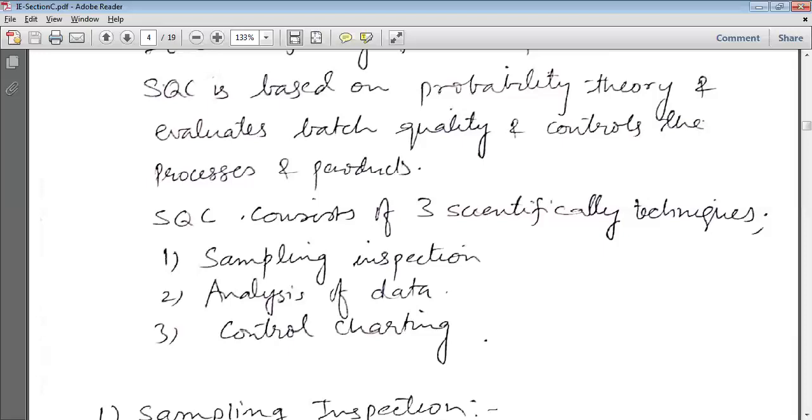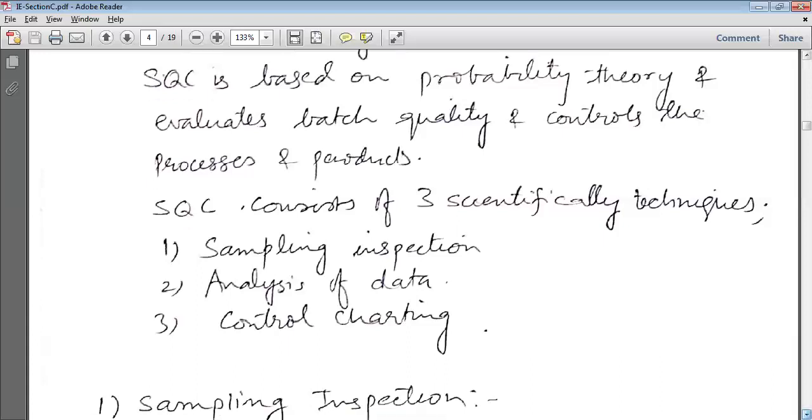Then analysis of data: after testing and inspection, data is obtained, and this data is analyzed to find the quality of the product. Then we have control charting. After getting data, we make different control charts, and these control charts are used for future plans, for future quality enhancements. So we'll be discussing sampling inspection, analysis of data, and control charting in these few lectures.